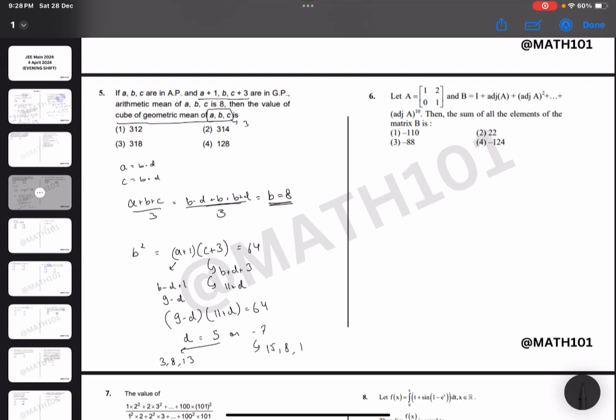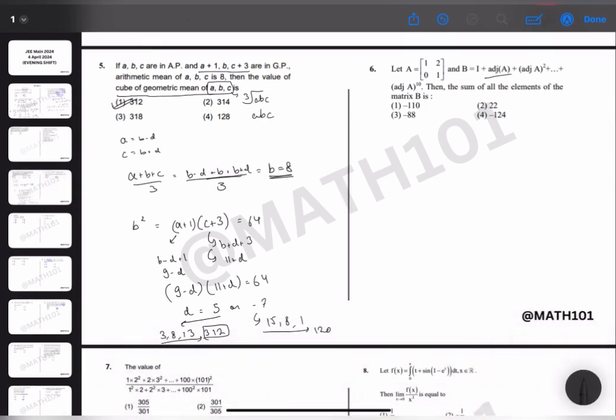Geometric mean of ABC is the cube root of ABC, which means the cube is ABC, which is either 312 or 120. So the answer is option 1.